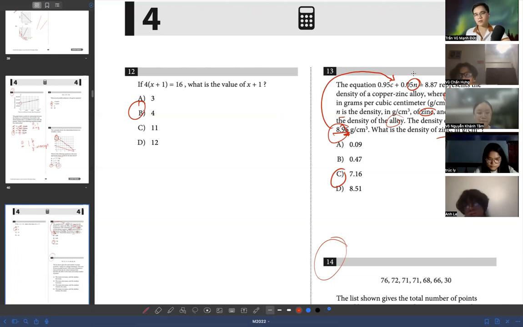I know, yeah, so 8.6 plus 0.05. Yeah, 7.16, correct? It's C. All right.